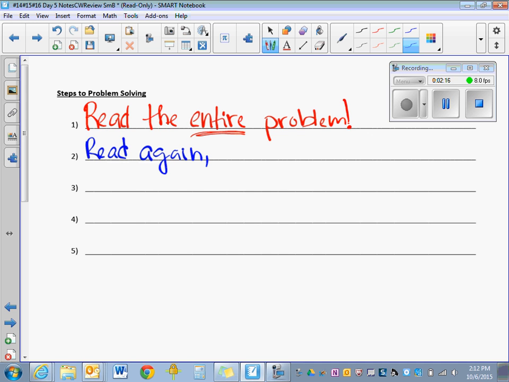Keywords, right? So we want to take note of important information. And then sometimes it's helpful for us to draw some type of picture or to take notes of what it is that we need.